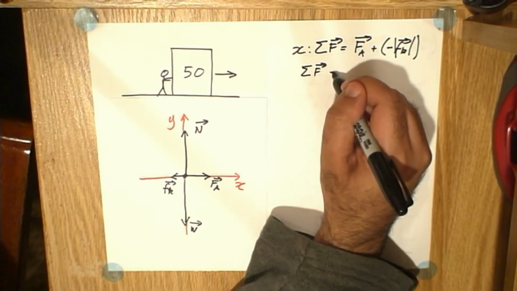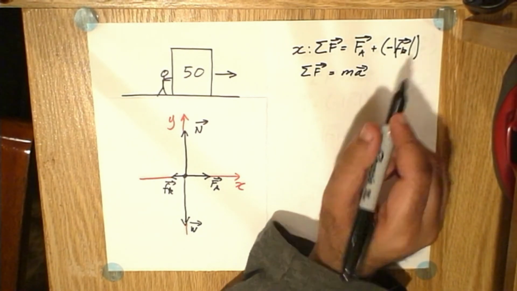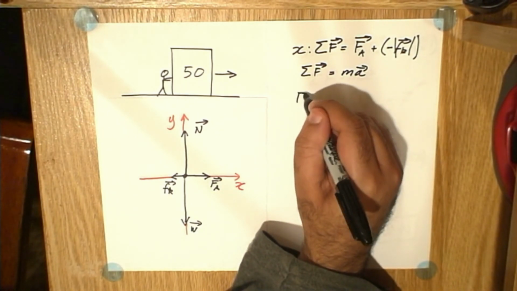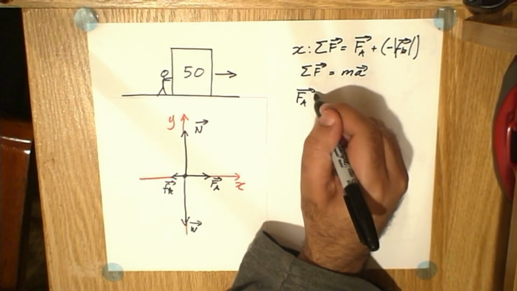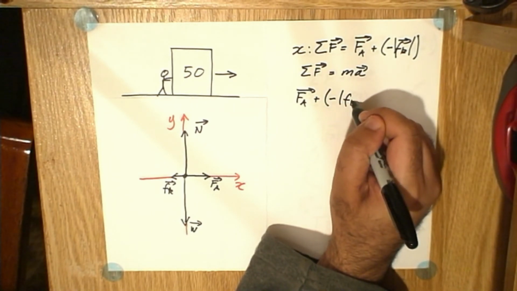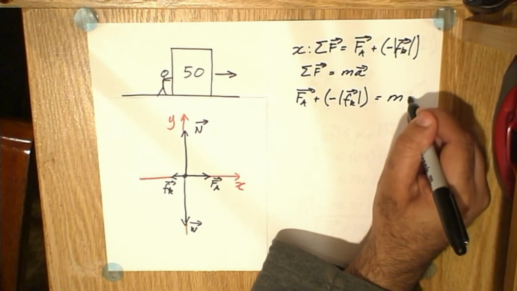The total force is equal to mass times acceleration. So now, let's put these two pieces of information together. The applied force plus negative kinetic friction is equal to mass times acceleration.